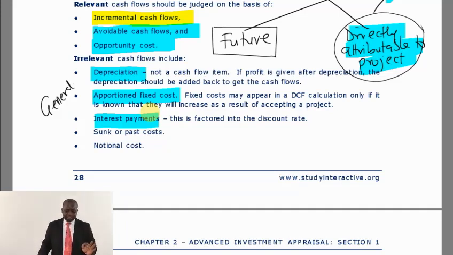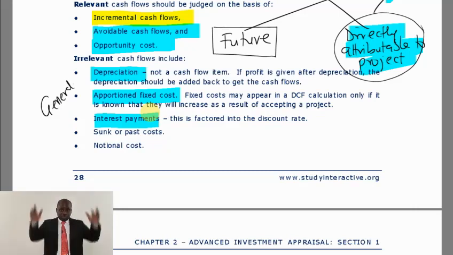Okay, interest payment is that we have raised money to finance the project for which there is interest to be paid. That interest is specific to that particular project, so it should have been relevant. Why are we saying it is not relevant? It is not relevant because the interest that you will pay on the loan is a cost of capital to you.